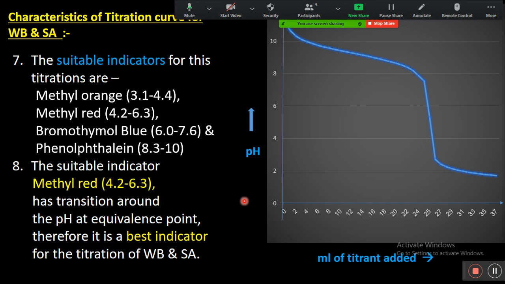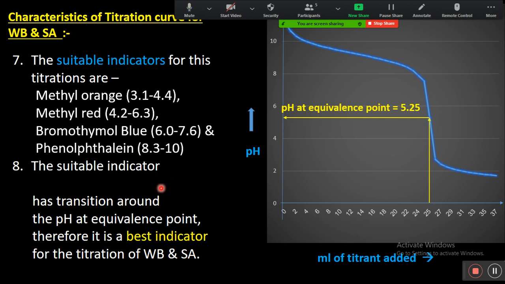Therefore, it is called the best indicator for the titration of weak base and strong acid. At the equivalence point our pH is 5.25, and methyl red has a transition range of 4.2 to 6.3. Not all suitable indicators are best indicators, but a best indicator is always a suitable indicator.